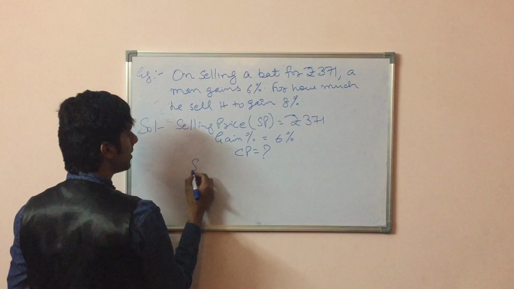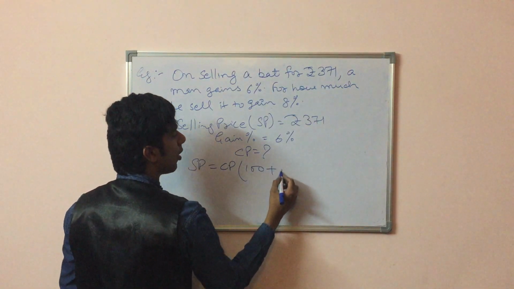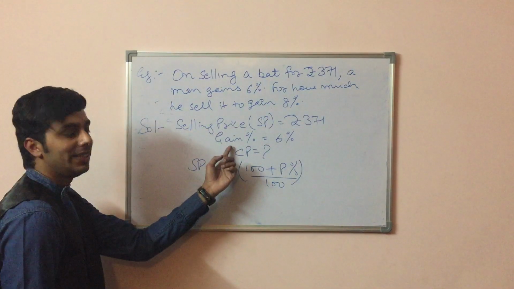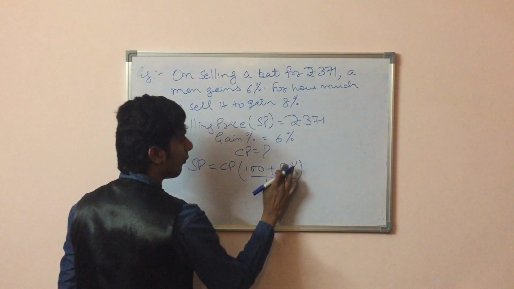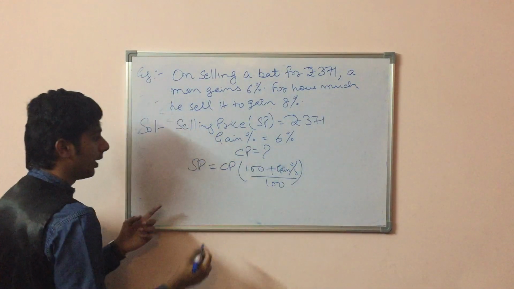So when we solve this, SP equals CP into 100 plus profit percent upon 100. Why are we using this formula? Because it is a case of gain. You can write profit or you can write gain also, right?